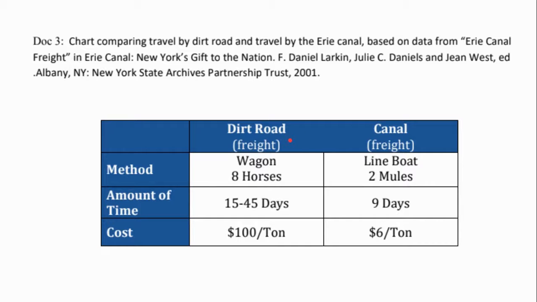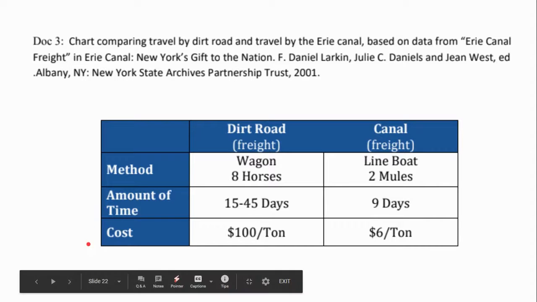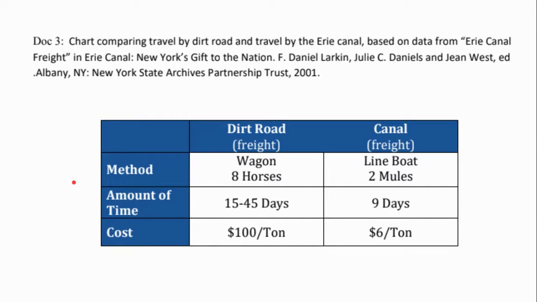Freight means stuff. If you're transporting things, you could transport people, that would be passengers, or you could transport goods, things that you're transporting to market, for example, and it's called freight. So freight is stuff as opposed to passengers, which is people. And of course, we also have the amount of time and the cost, which changes depending on the method. So take a look at this chart and please answer the questions.